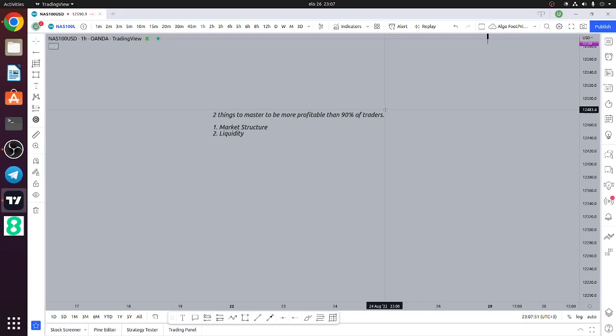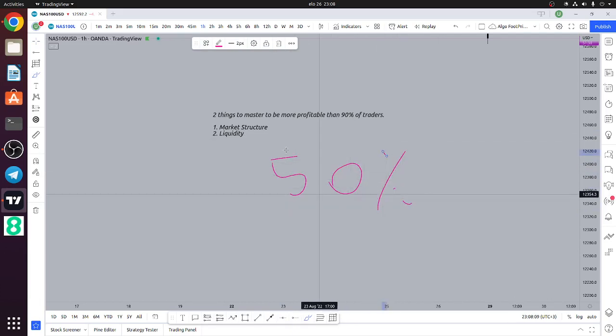So those who are unable to go beyond a 50% win rate lack one of these two things.